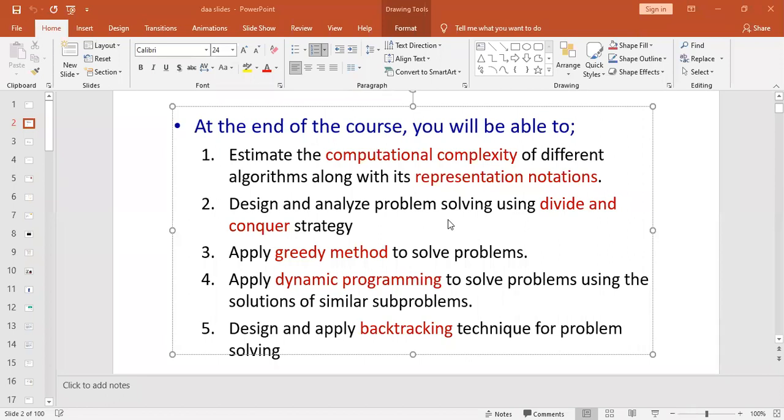That much time we take as time complexity, using all the 4 methods. That is the analysis you are going to do. This will be the end of the module. Module 2 is divide and conquer, module 3 greedy, module 4 dynamic programming, module 5 backtracking.